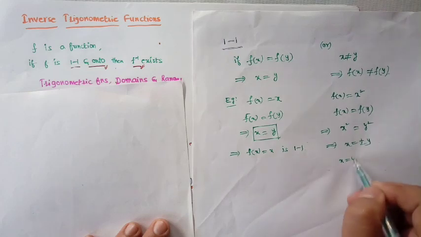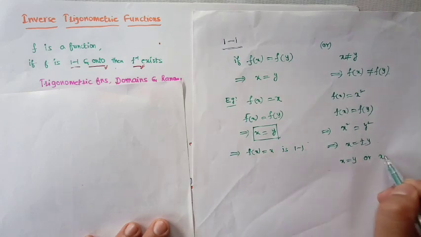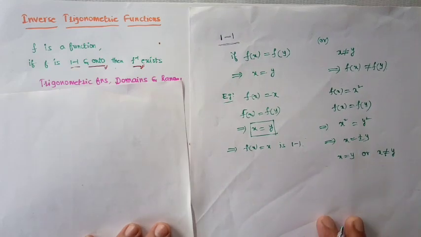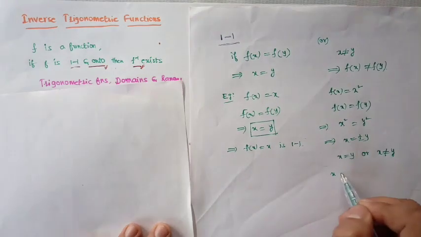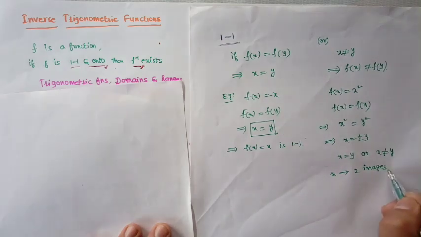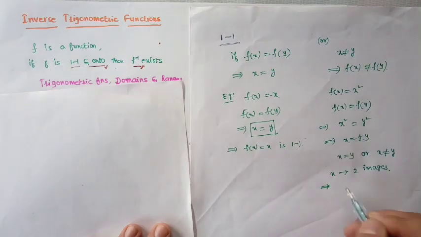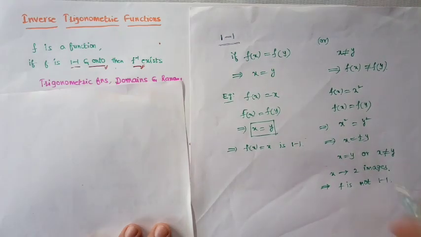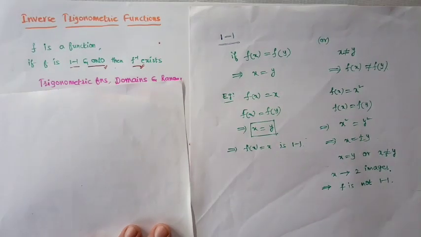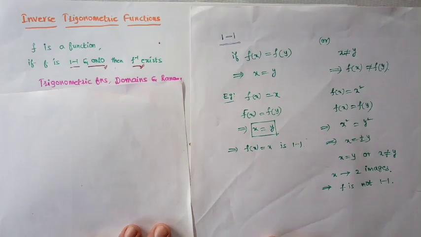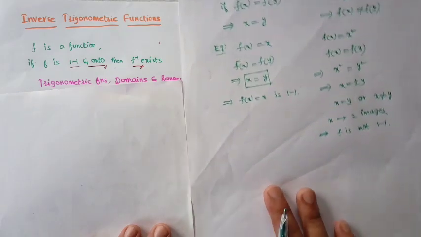Then x takes both the values x equals y as well as x not equal to y. So x is having two images here, so this implies f is not 1-to-1. Understand? So this is by the algebraic way.